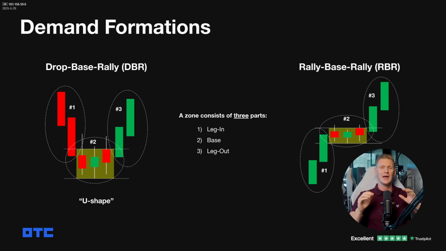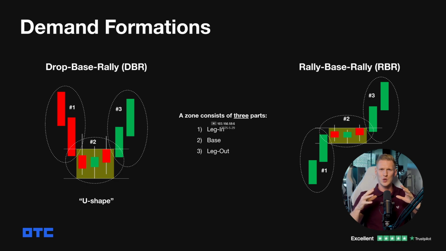Let's revisit the 4 zone formations from lesson 1 and examine how candle types shape each part. Every zone has 3 segments: a leg in, a base, and a leg out. In a demand zone, whether it's a drop base rally or a rally base rally, the drop or initial rally is your leg in.